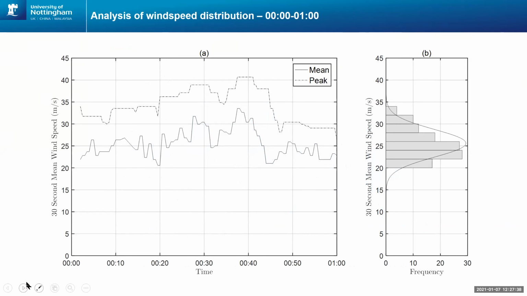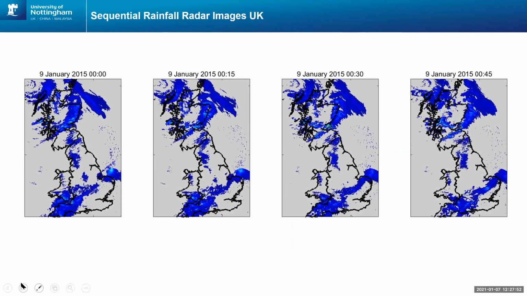We look at that hour-long record in terms of the wind data, and we see very clearly that it's a non-Gaussian wind record, and indeed it's non-stationary when we do measures of stationarity. What could that be caused by? Well, the assumption is that it's caused by some kind of very large gust, possibly associated with convective activity.